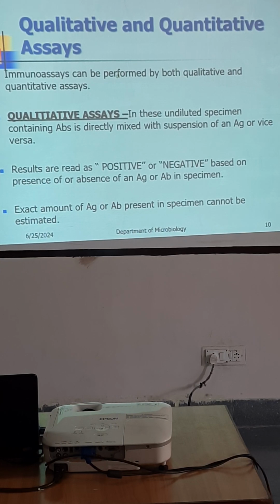This result could be interpreted as either the reaction is positive or the reaction is negative.